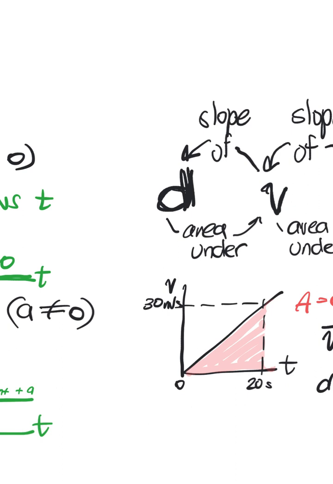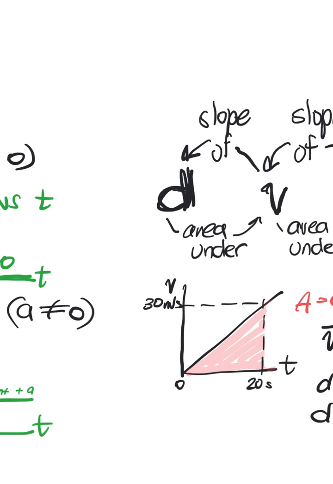Instead of the average velocity being 30 meters per second, it would actually be the average between 0 and 30, which is 15 meters per second, times the time of 20 seconds, and how far is actually 300 meters, not 600 meters.